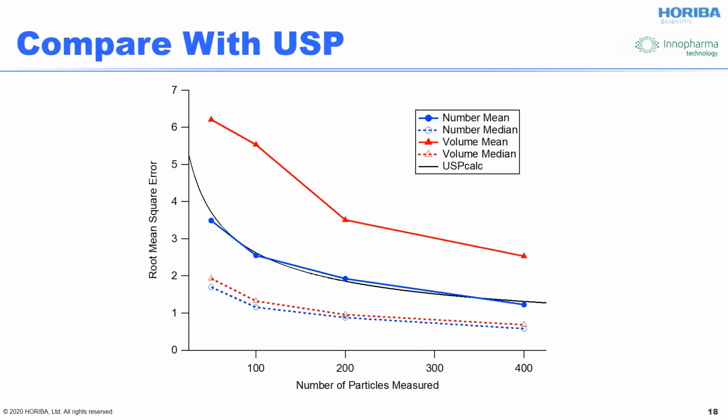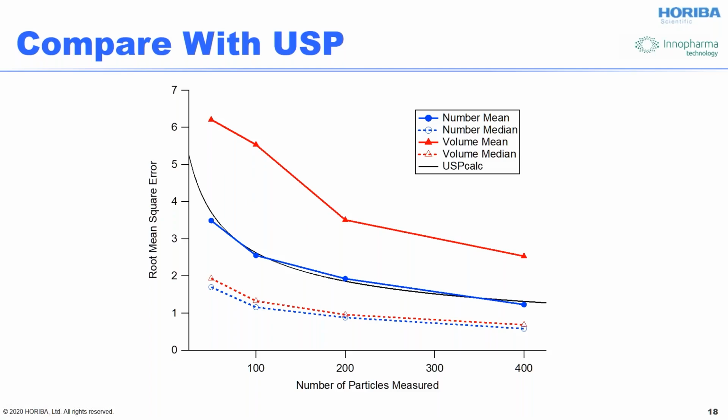If you decide that you want to look at the volume mean size, that's the red triangles, and you see your uncertainties increase noticeably. And if you go to look at the number and volume median sizes, your uncertainties decrease. So this equation does work for at least one sample, and certainly has worked elsewhere.